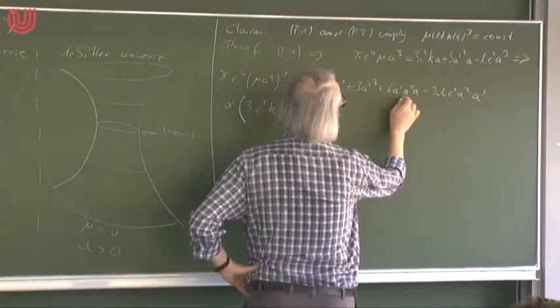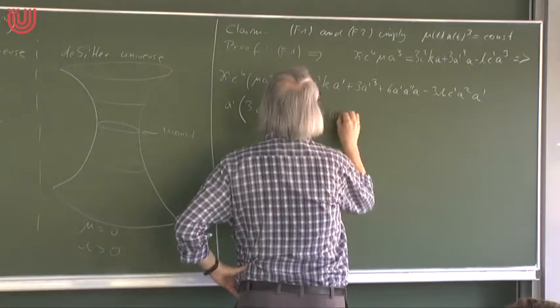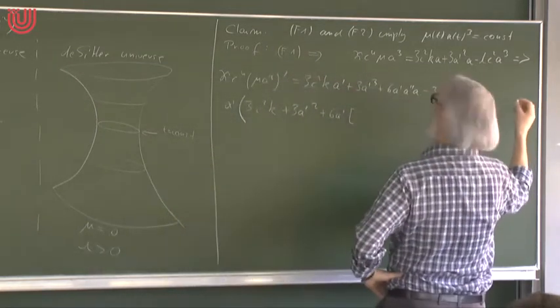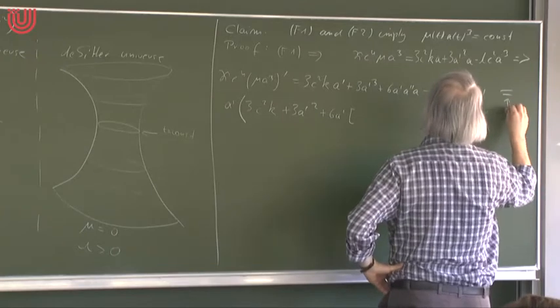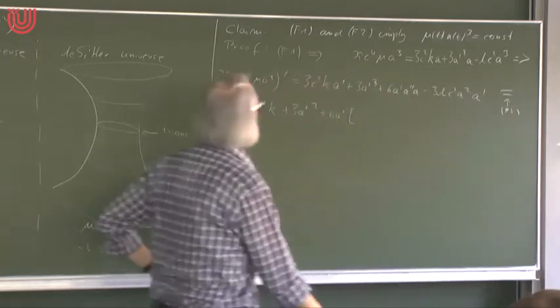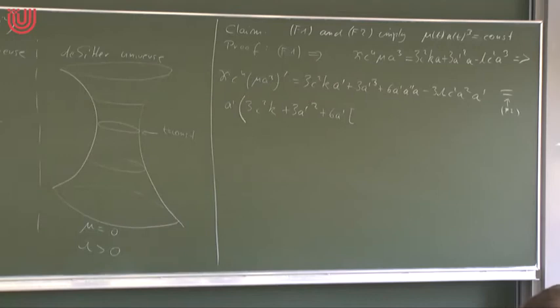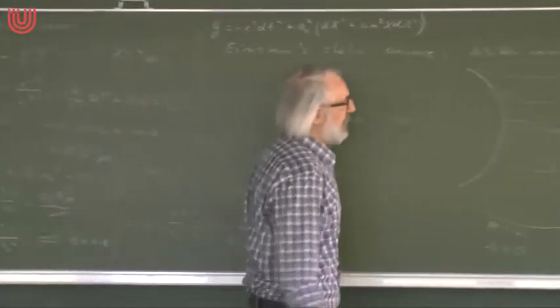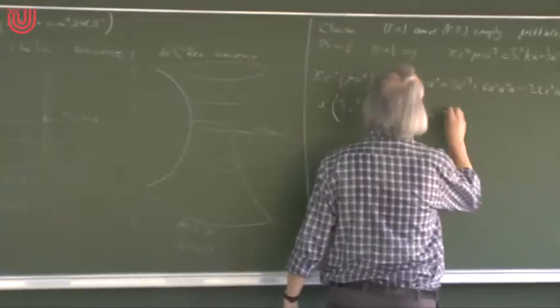And here for a double prime times a, I have an expression from F2. So I'm using now F2. What is a times a double prime? A times a double prime is c squared half times something.